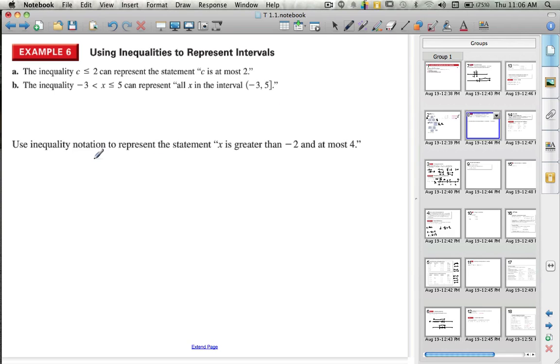So if I want to use inequality notation to represent that x is greater than -2, so here's -2, x is greater than -2, and at most 4, that means it's less than or equal to 4. So I'm interpreting greater than and at most, and turning them into these signs, greater than, less than or equal to.